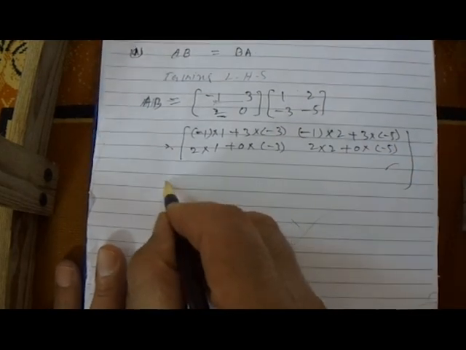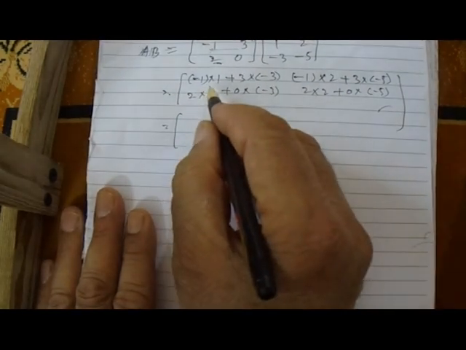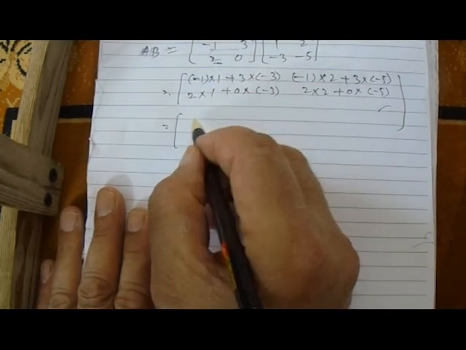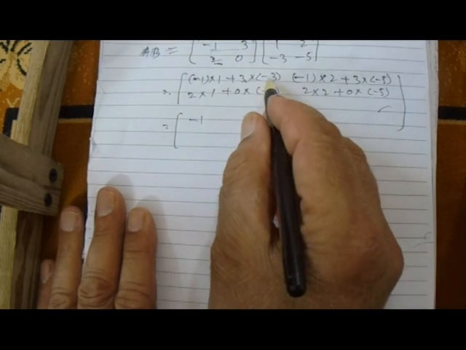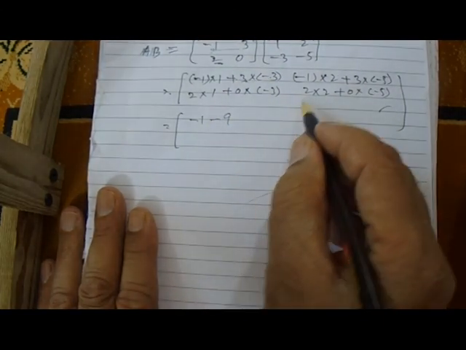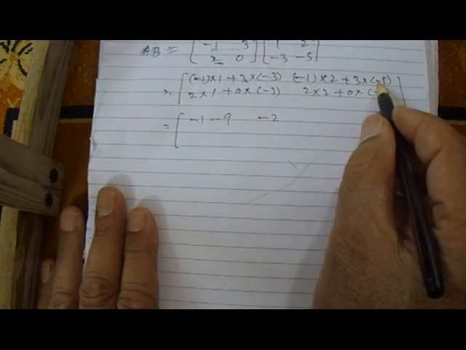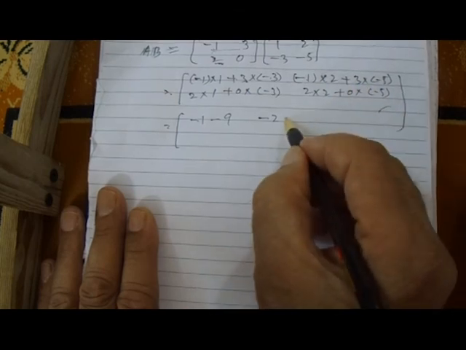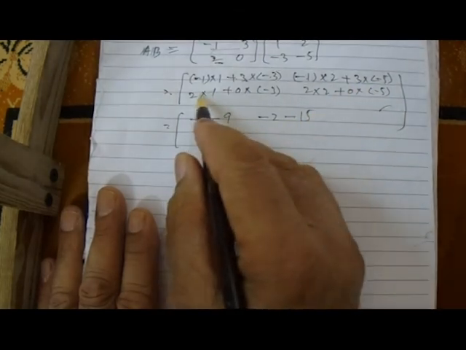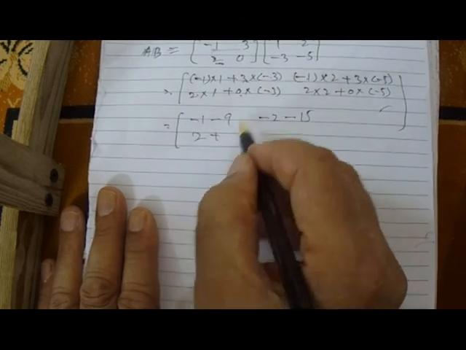Now we have: -1 multiply by 1 is -1, and 3 multiply by -3 is -9. Now -1 multiply by 2 is -2, and 3 multiply by -5 is -15. Now 2 multiply by 1 is 2, and +0 multiply by -3 is 0.